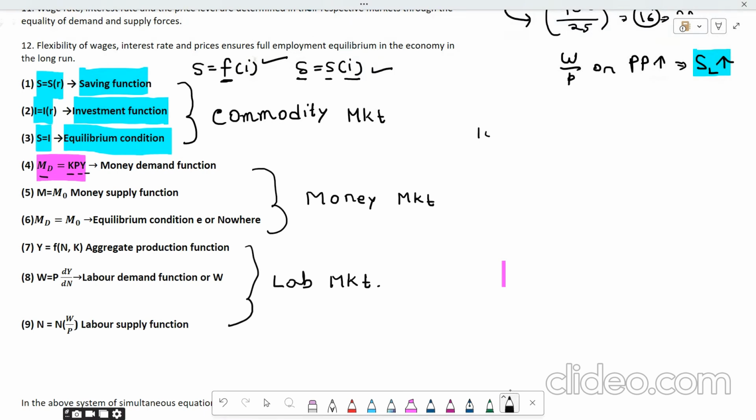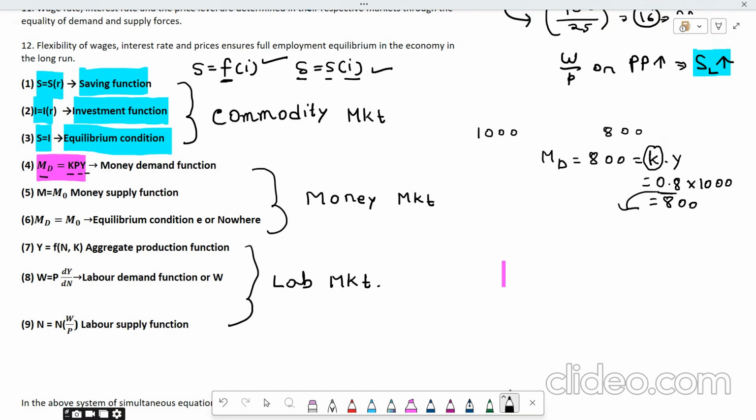Suppose my income is 1000 rupees and I am keeping 800 rupees in my pocket, so my money demand is 800. How is this 800 determined? It is K into Y. Suppose K is 0.8 into 1000, that will be 800.